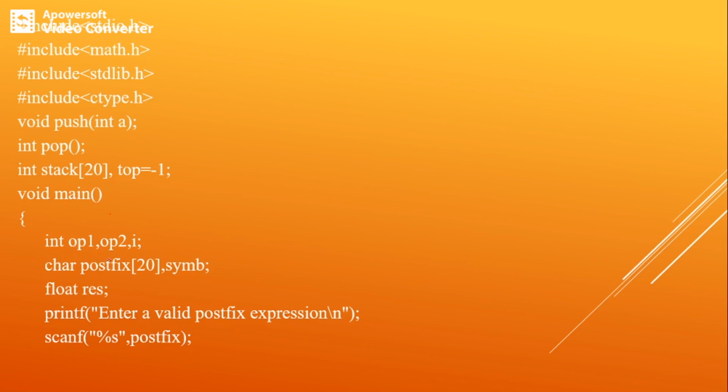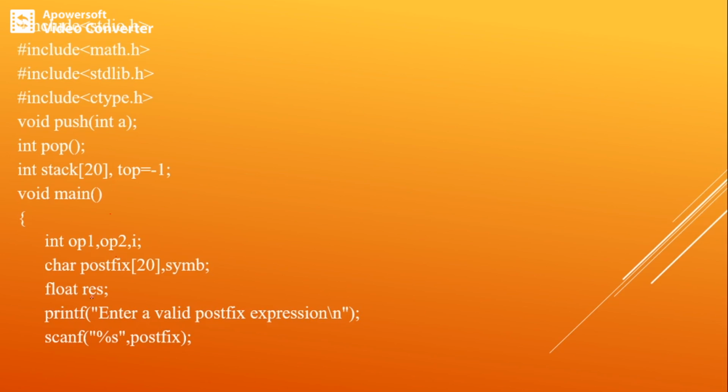We have declared the necessary variables like operand 1 and operand 2, where we are going to store the operands, and then i is necessary to loop through all the elements of the postfix expression. The input postfix expression is held by the postfix variable, and the symbol will get the expression character by character.